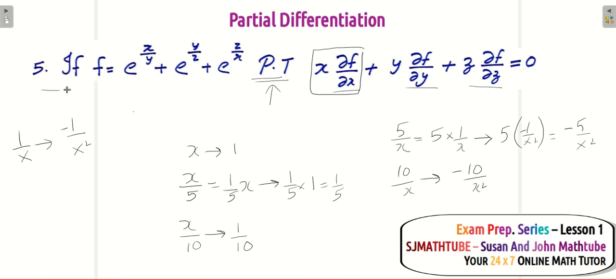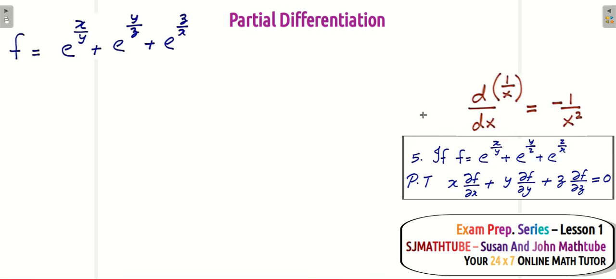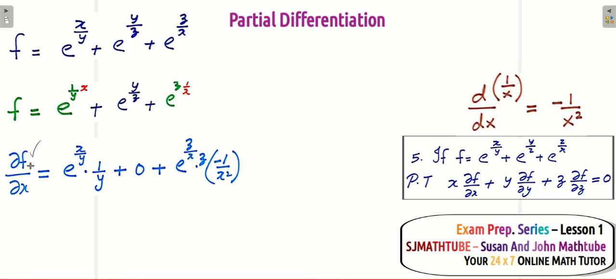I want you to read the question once more, and let's start with the partial derivative of f with respect to x. Okay, so I have f here. I'm going to rearrange a little bit so that the differentiation will be very comfortable. So the partial derivative of f with respect to x. So I hope you are able to see the chain rule again, e to the power something.